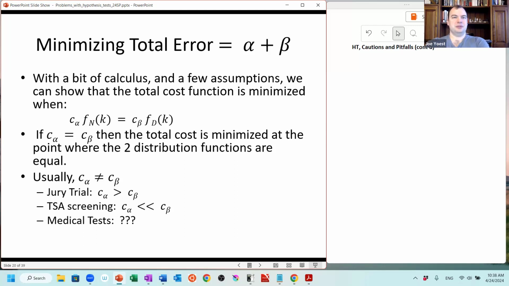Medical tests, it's tough to say. Maybe for a screen, we'd have one approach. For a final diagnosis, we'd have another approach. Maybe our thoughts would change based on how costly, or kind of how bad, the intervention is.